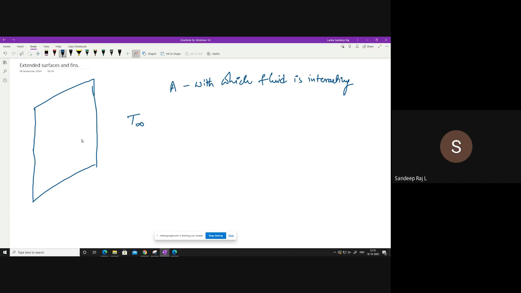So whatever the heat transfer that is happening between the wall and the surrounding air or the fluid is actually limited by this area. If I can increase the area here, the heat transfer by convection increases. Q is equal to h into A into (T minus T infinity).